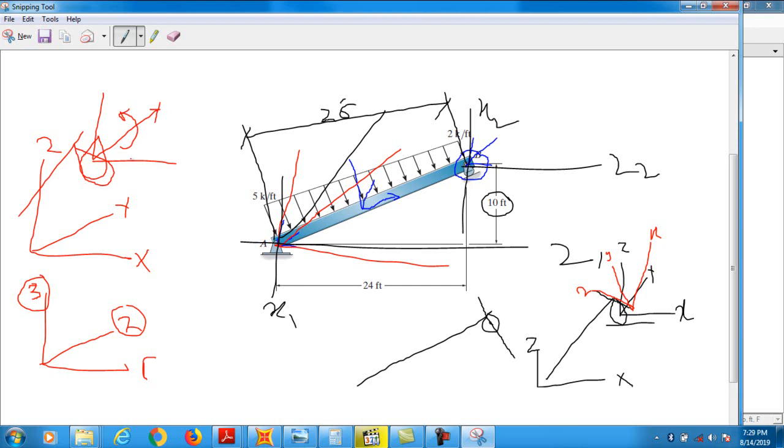Now how many degrees do we need to rotate this element so that this joint will become perpendicular with this beam? So you need to determine this angle, and this angle will be theta equals tangent inverse, clear, of perpendicular divided by base, means 10 divided by 24.